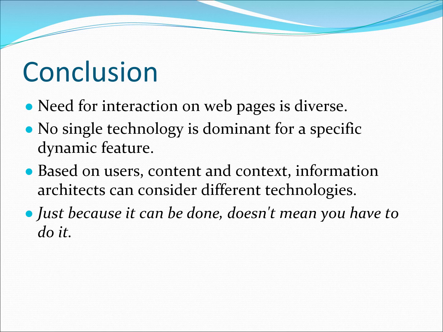No single technology is dominant for a specific dynamic feature, so we can use any number of technologies for making a web page dynamic. Based on the user's content and context, the information architect can consider different technologies. Just because it can be done does not mean you have to do it.